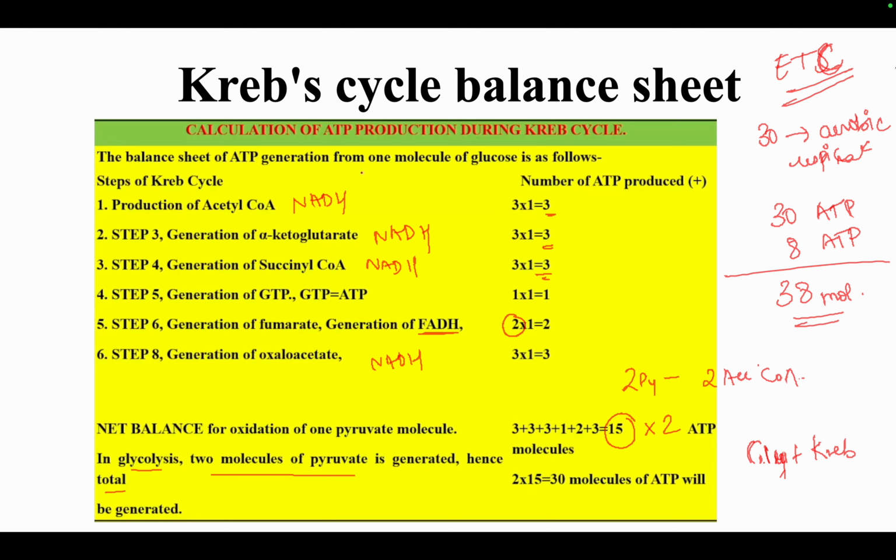Whereas for the anaerobic pathway, we'll have only 2 molecules of ATP, that is by glycolysis. So through the anaerobic system we'll have only 2 molecules, whereas from aerobic we'll have 38 molecules of ATP.